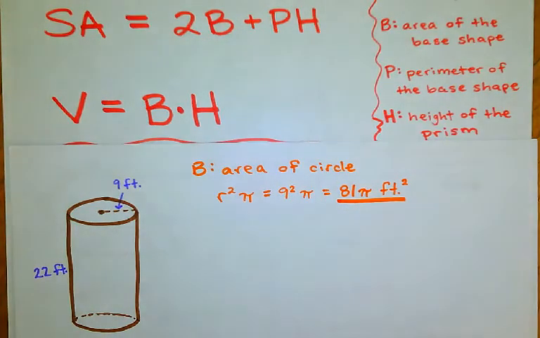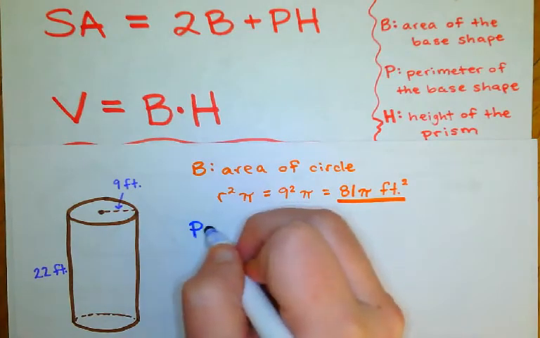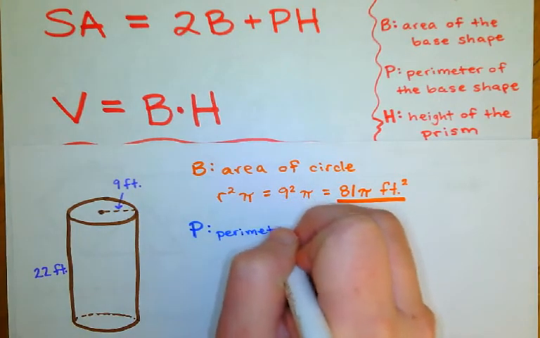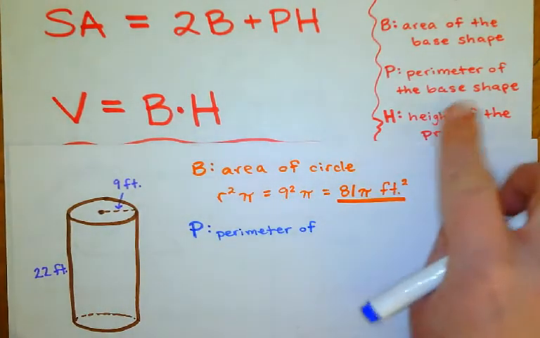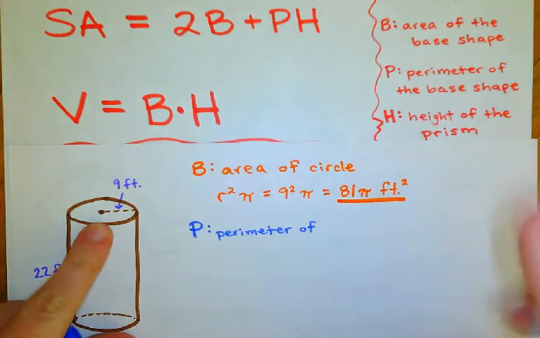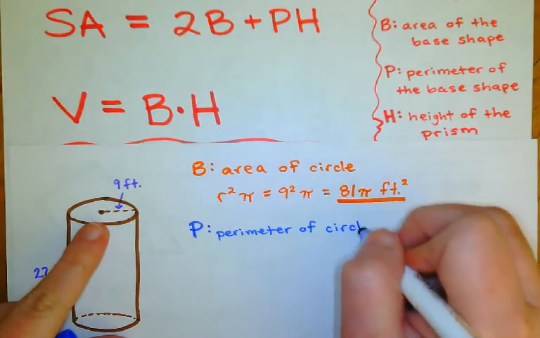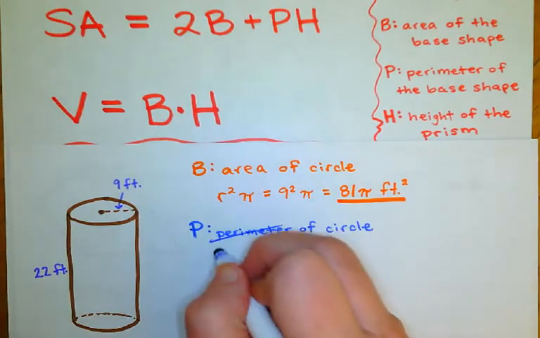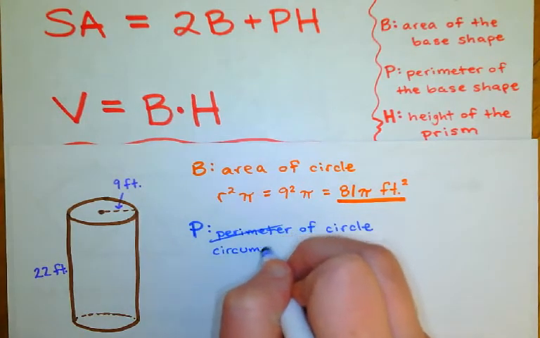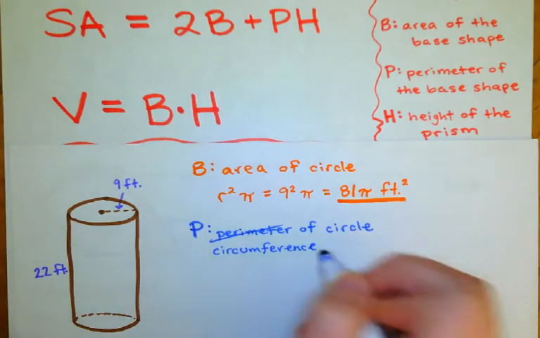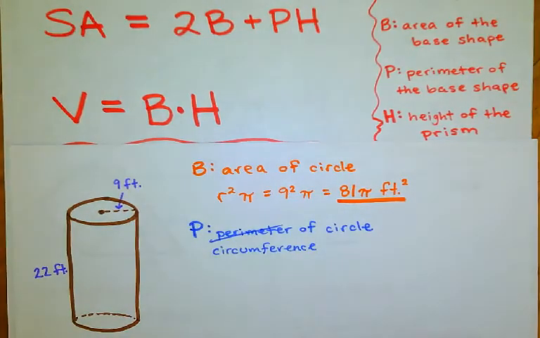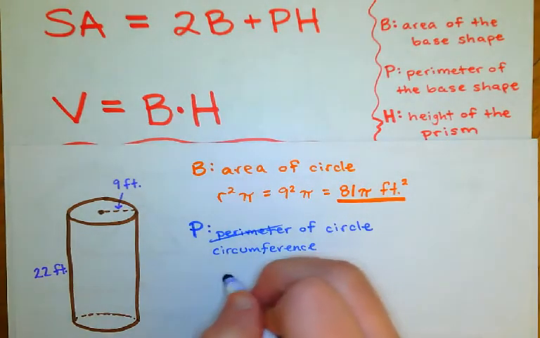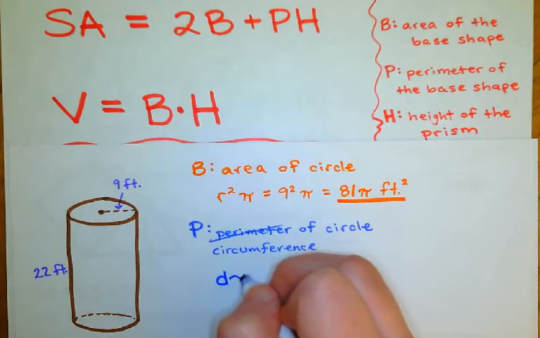Okay? Now we're going to take a look at our P. Remember, this is perimeter of, what's our base shape? Of the circle. Now remember, we don't actually use the word perimeter. This is going to be circumference, because a circle doesn't have sides, so we don't call it perimeter. Circumference of a circle is pi times diameter, or I put the numbers first, so diameter times pi.